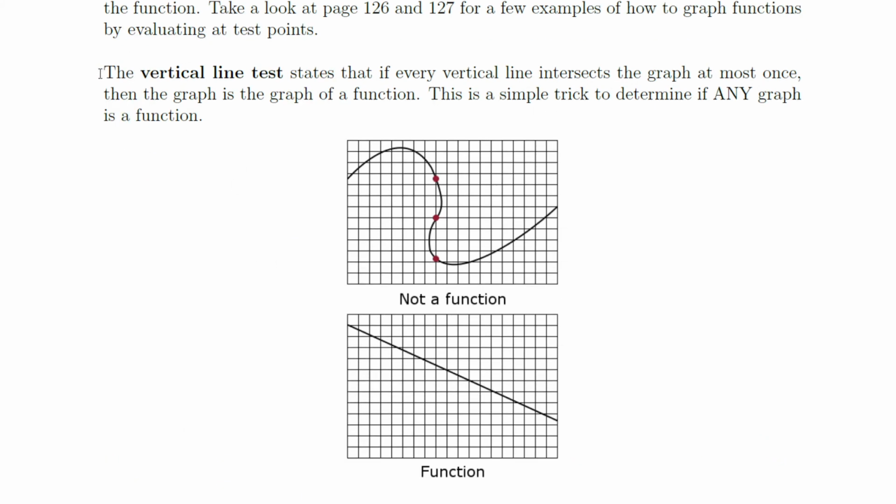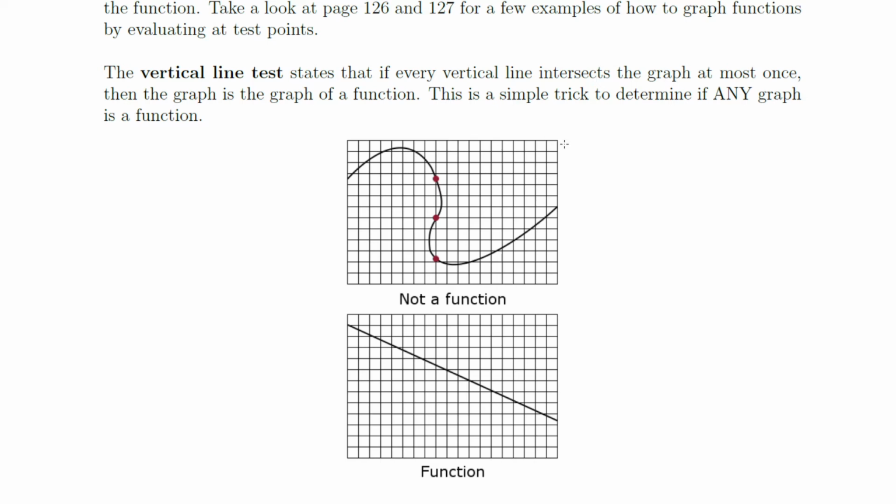And then lastly, I want to talk a little bit about the vertical line test. Because we're talking about functions, functions have a very specific definition. Remember, we can't have any duplicate x values. They have to all be unique and distinct.